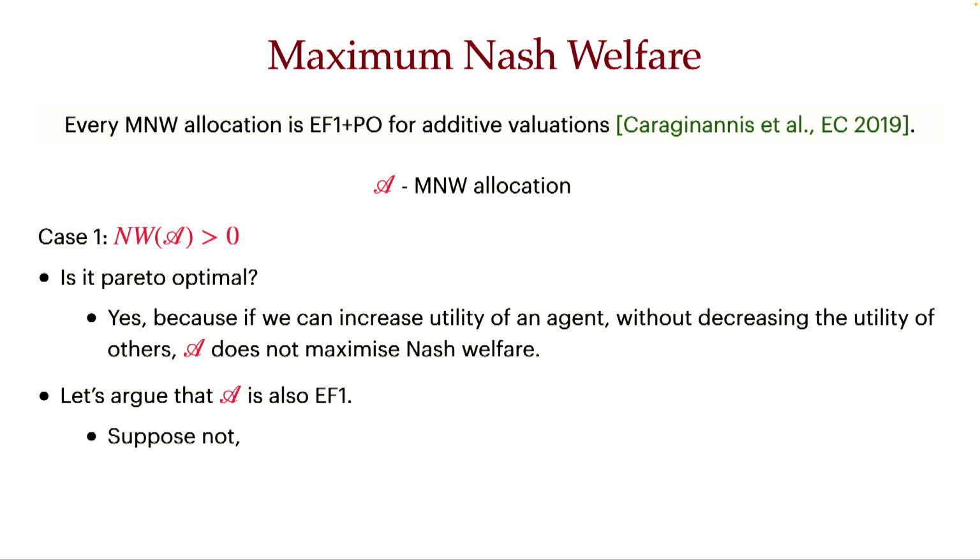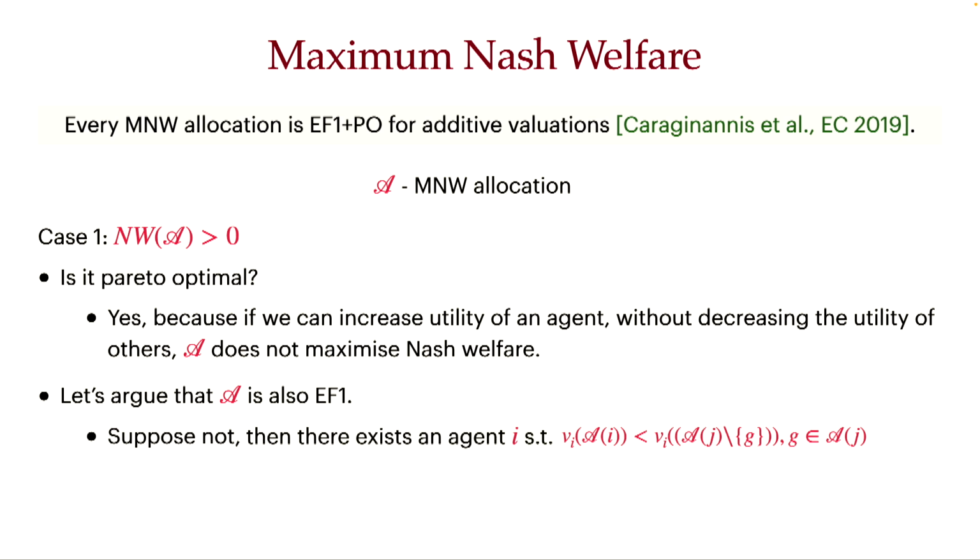Here we need to compute a couple of things. Suppose not, then there exists an agent i such that this will happen, for all j.